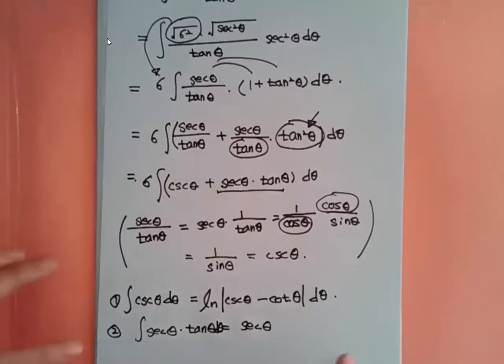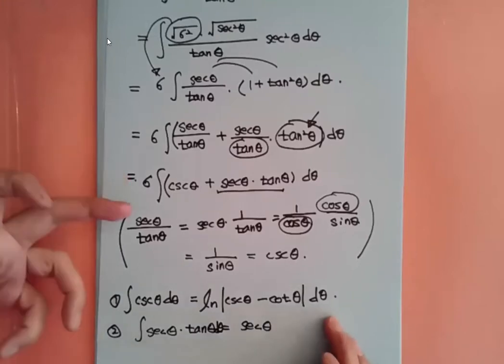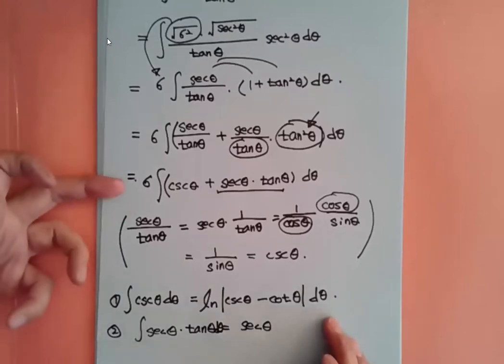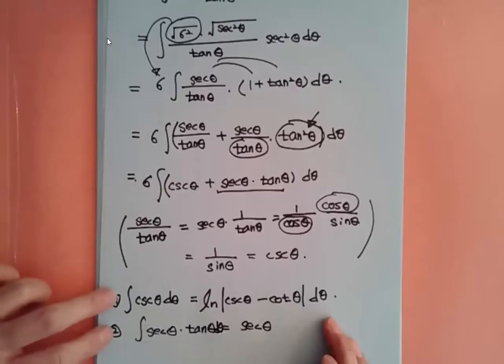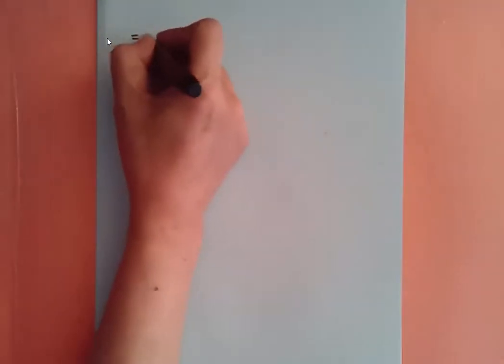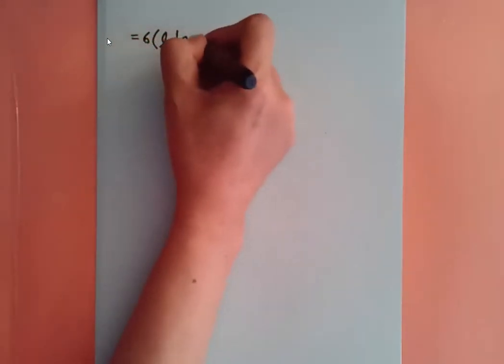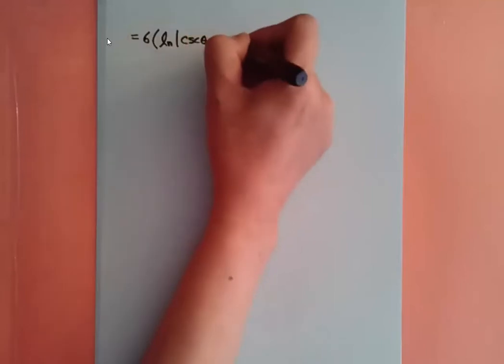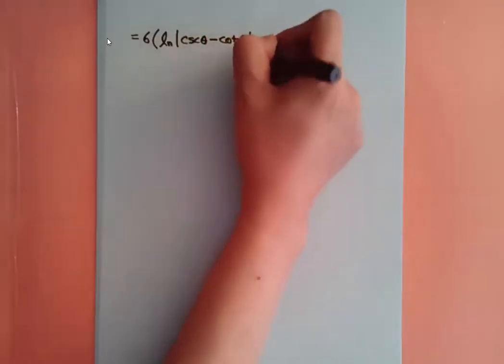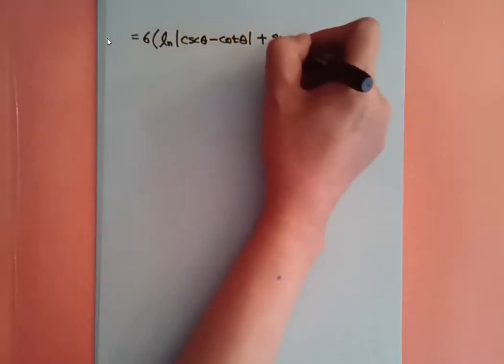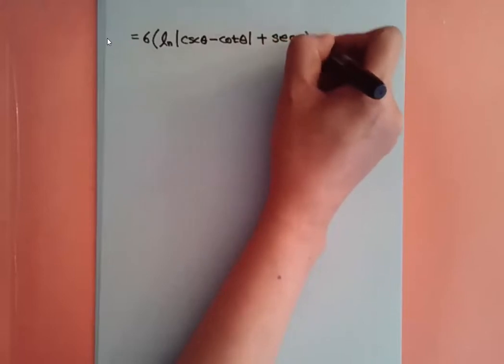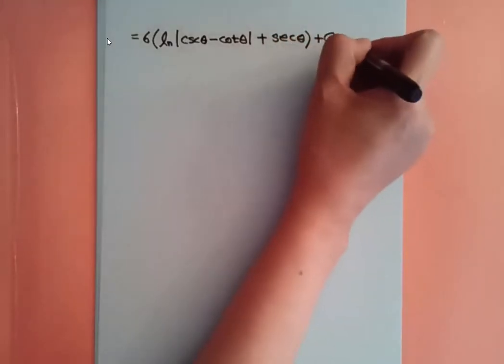So to conclude the integration with respect to theta, we just combine these two formulas. Then that will be 6 open parentheses natural log of absolute value of cosecant of theta minus cotangent of theta and plus secant of theta plus c.